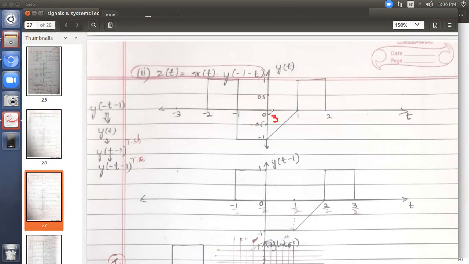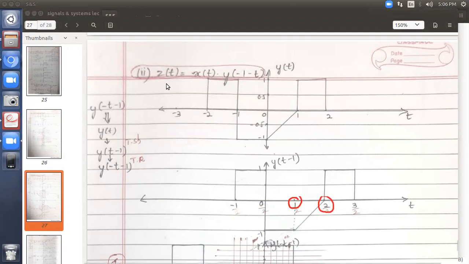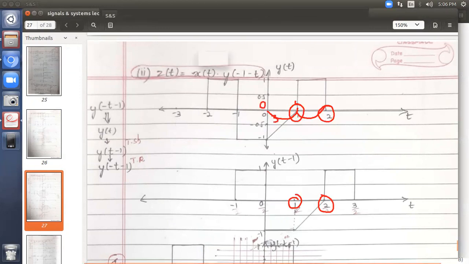Now the third one, the ramp between 0 and 1. You shift the points, the 0 point and the 1 point. So now the signal is between 1 and 2. Between 1 and 2, you draw the ramp. Then the next one, the fourth pulse, is between 1 and 2.